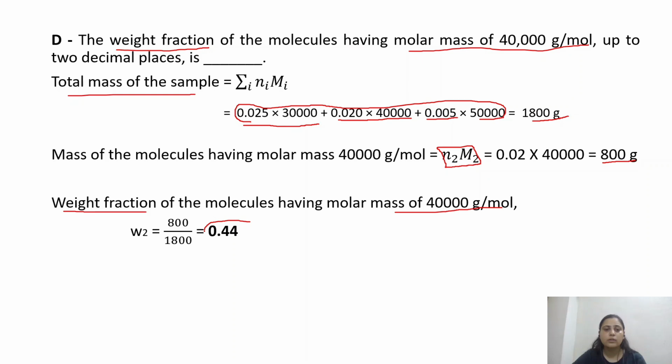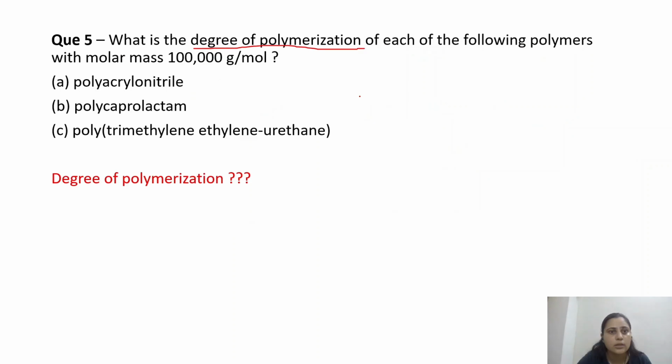Now let's move on to question number 5, which is about degree of polymerization. What is the degree of polymerization of each of the following polymers with molar mass 1 lakh gram per mole?